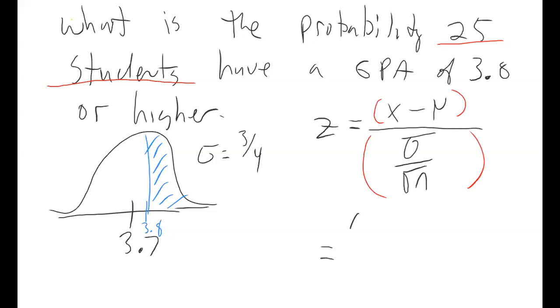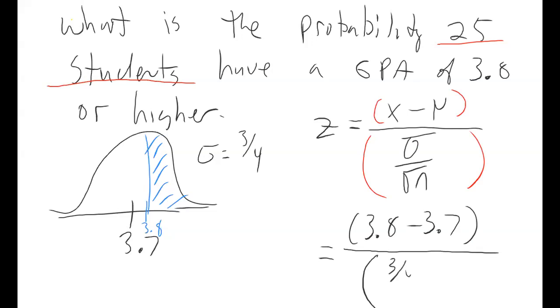So I now have 3.8 minus 3.7 all over 3/4 all over the square root of 25. And I get 0.67.